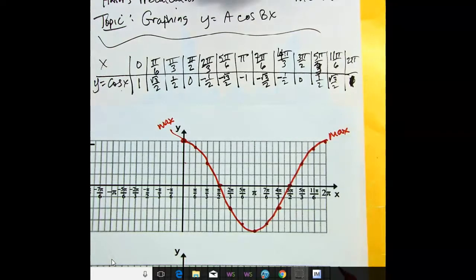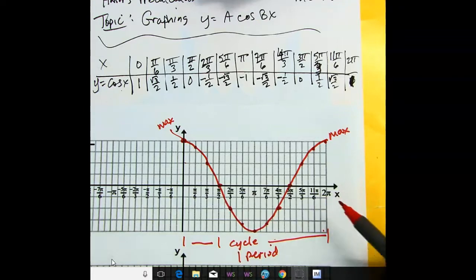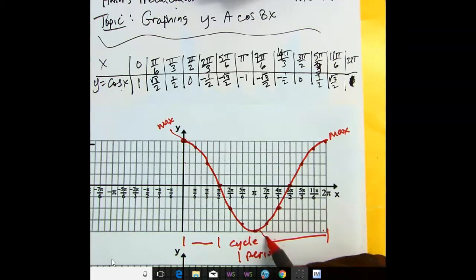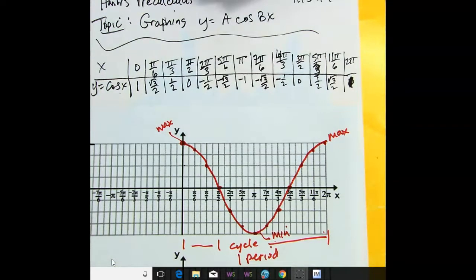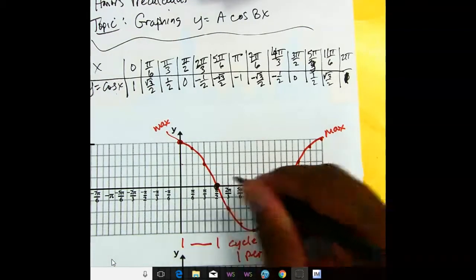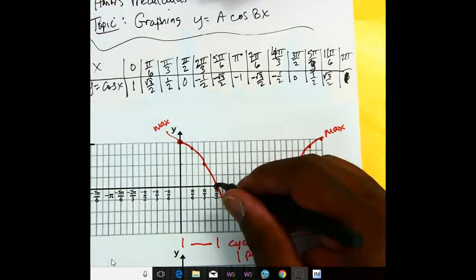So this is the end of one cycle, or one period, of cosine of x, 2 pi. We have a minimum value here. We have x-intercepts here and here.